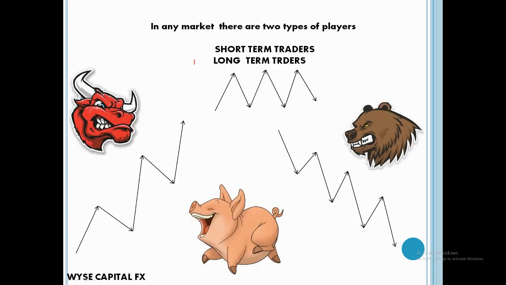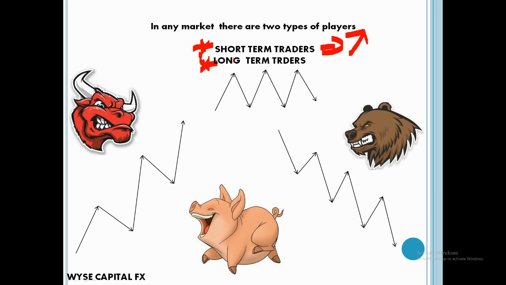In any type of market, we have two types of players, especially in the forex market. We have the short-term traders and we have the long-term traders. The short-term traders are traders like you and me, people who don't have enough cash to move the market, while the long-term traders are huge players who provide trading volume, and they are the ones who control this market.